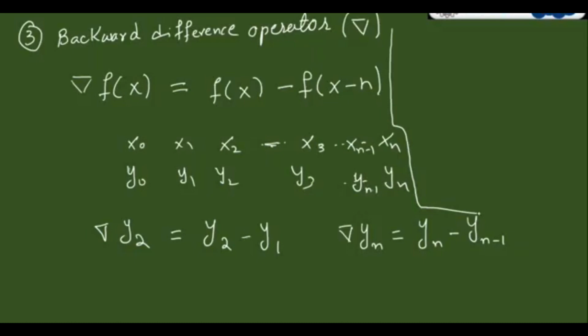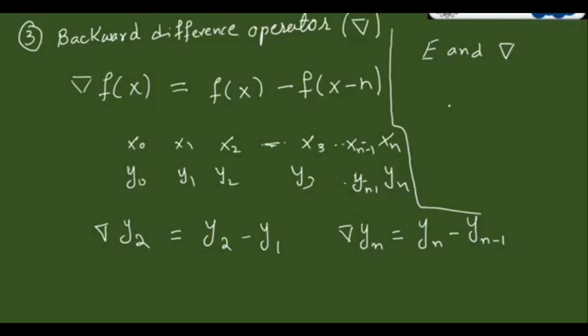Okay, I have to highlight this part as well. This is the definition that you have to remember: subtract from the value which is on the back side, behind. So E is the shift operator. The symbol of the shift operator is E, but we have to see how we can connect it.